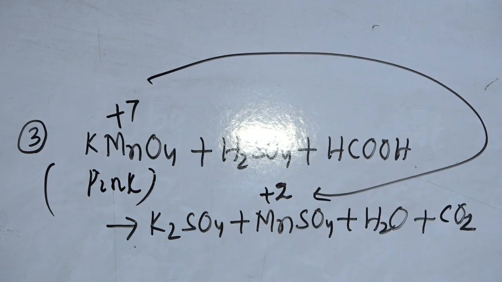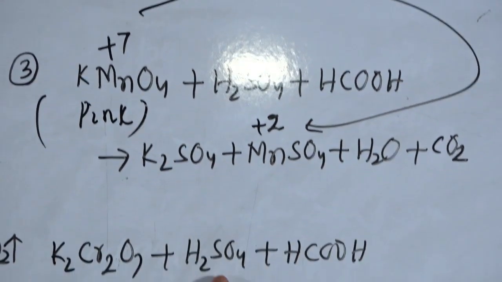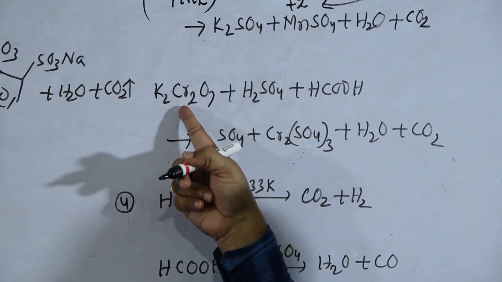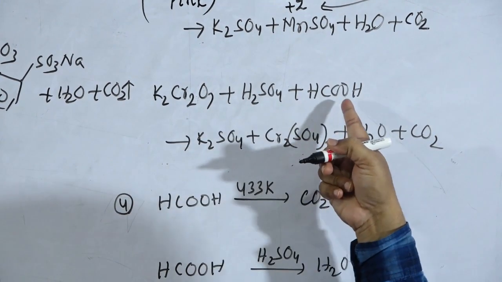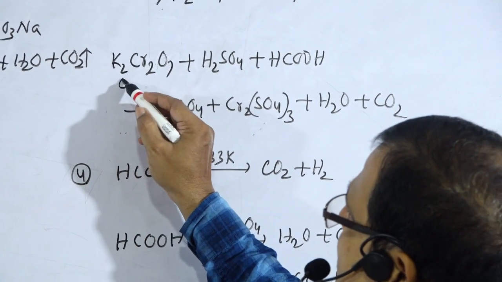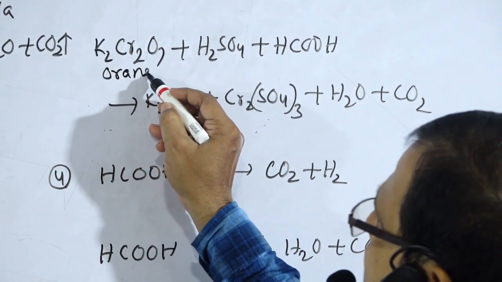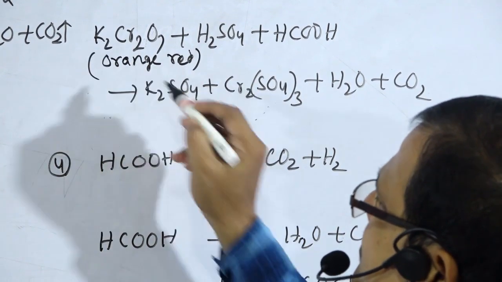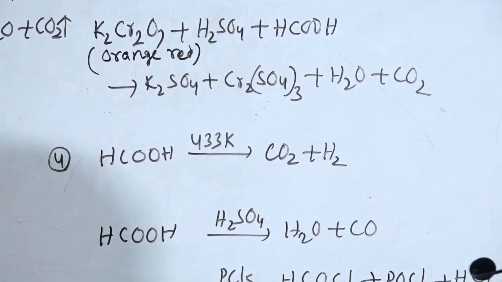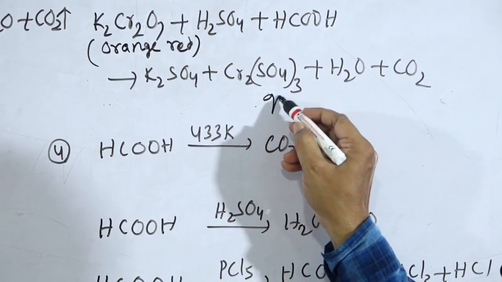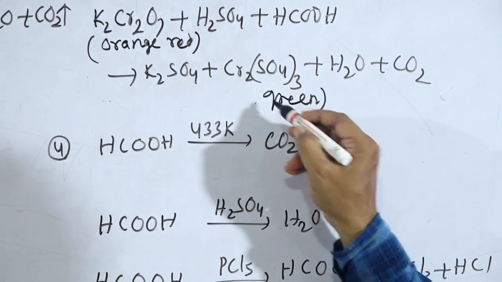In the same manner, we can take acidified potassium dichromate. Acidified potassium dichromate is treated with formic acid. Acidified potassium dichromate is orange red in color, and chromic sulfate is a green colored material.